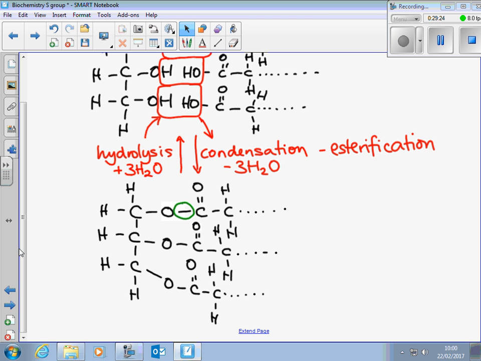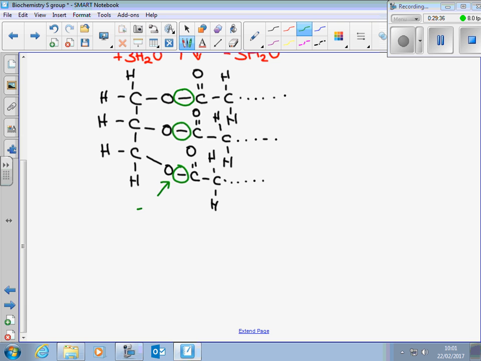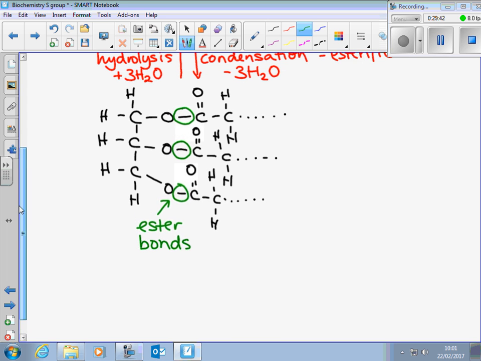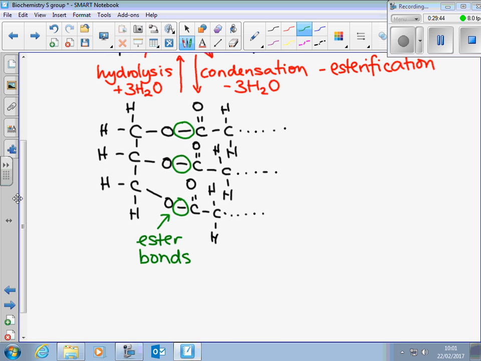But what we've ended up with is these 3 new bonds here. All right, so these are ester bonds. All right, so hopefully you can see where all the little lines go in that now.